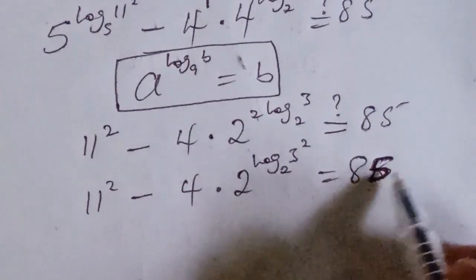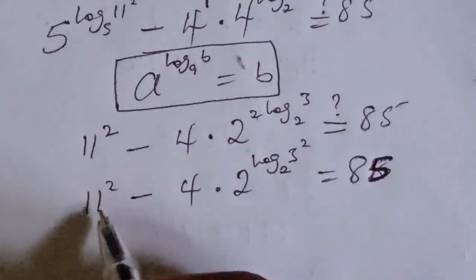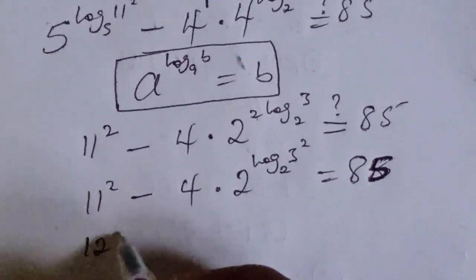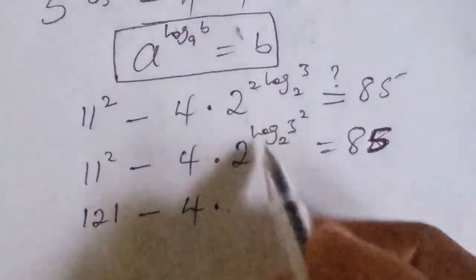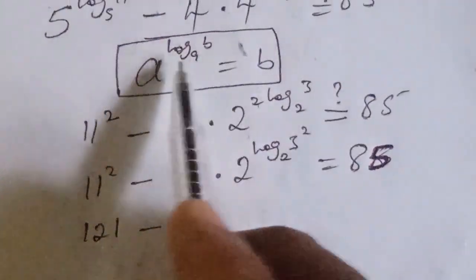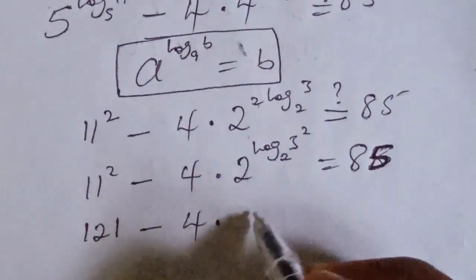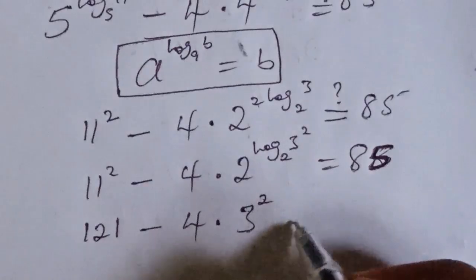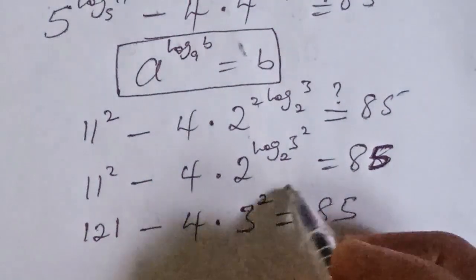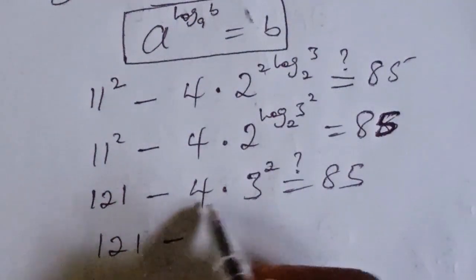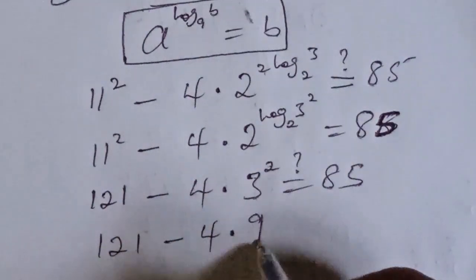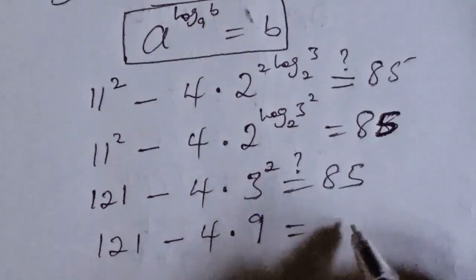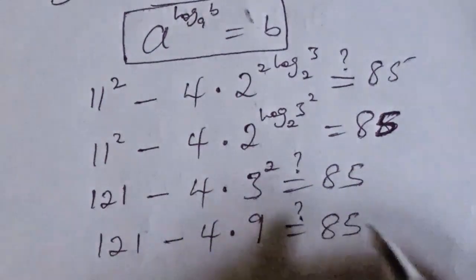Equal to 85. Now from here, 11 power 2 will give us 121 minus 4 multiplied by, this can now be written, using this identity, as 3 raised to power 2 equal to 85, question mark. 121 minus 4 multiplied by 3 raised to power 2 will give us 9, and that will be equal to 85, question mark.